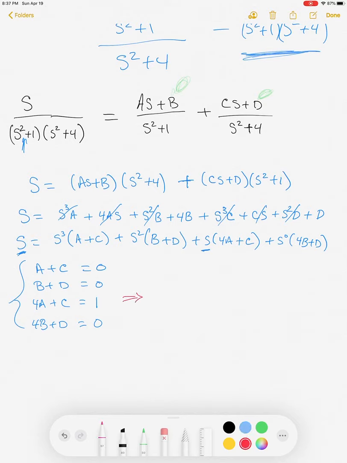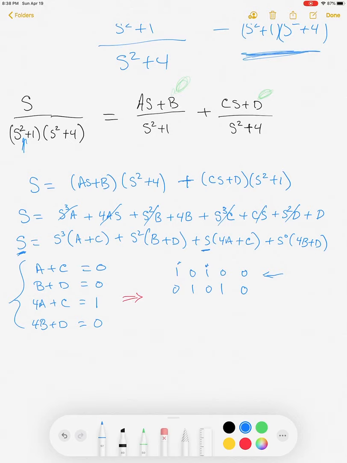And because I'm comfortable with matrix algebra, I'm going to write this as 1, 0, 1, 0, 0. And 0, put the 0 in the wrong spot, 0, 1, 0, 1, 0. So this is a plus 0 plus c, plus 0 equals 0.